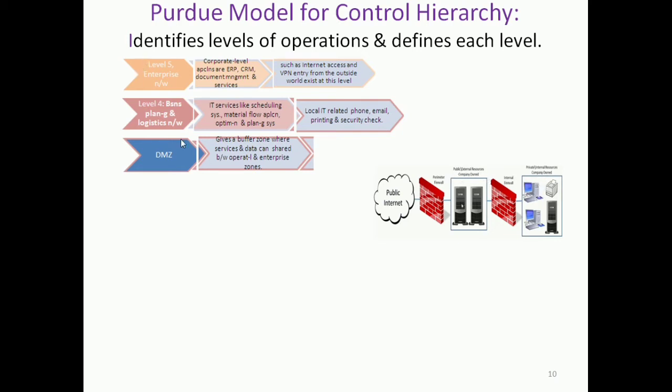Similarly, the demilitarized zone sits between the operational and enterprise zones. It permits easy segmentation of organizational control. By default, no traffic should traverse the demilitarized zone. Everything will start here or end here, like a military wall between the operational and enterprise zones.